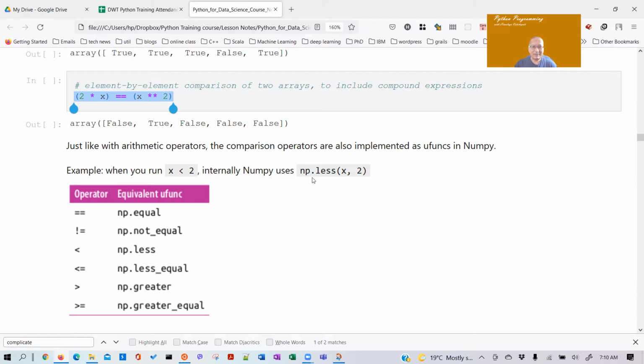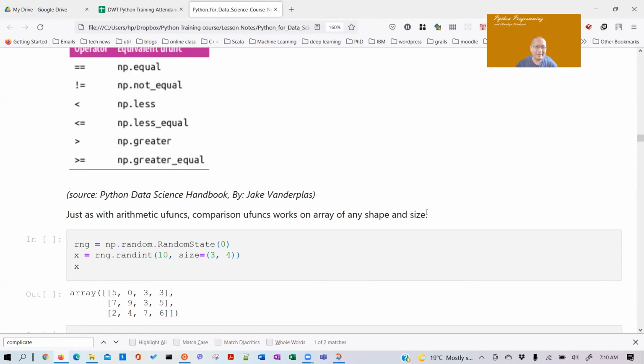When we write x is less than 2, it's syntax sugar for our convenience; internally it is np.less(x, 2). You can do it this way as well, but we find it easier this way. So these are equivalent ufuncs.